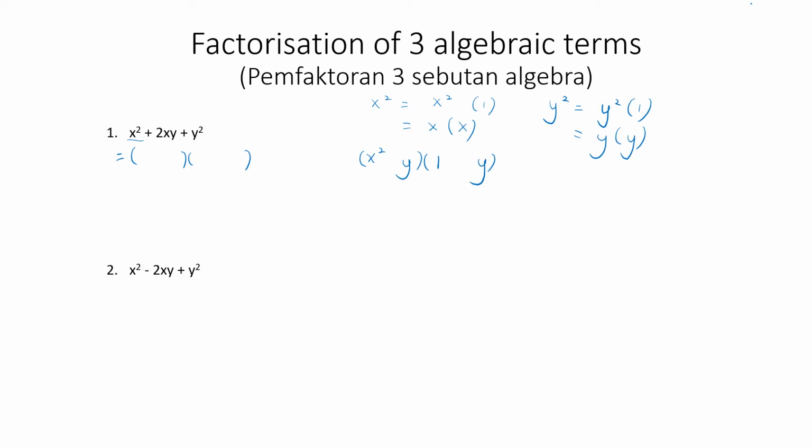So you can see when you do expansion, this is x squared, and then you will get x squared y, where this term is not in the question. You do not want to get this term x squared y.